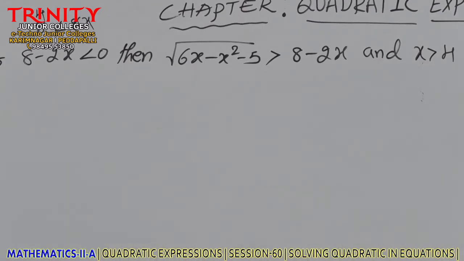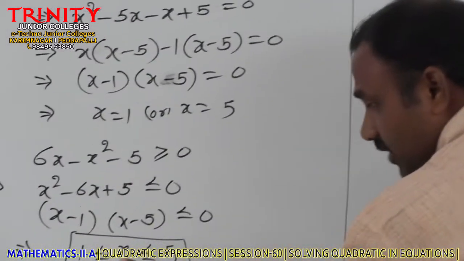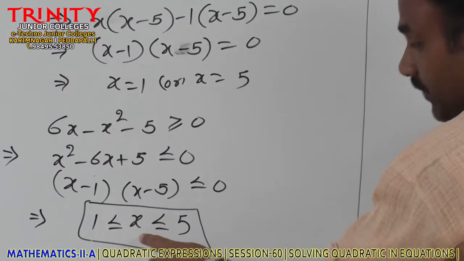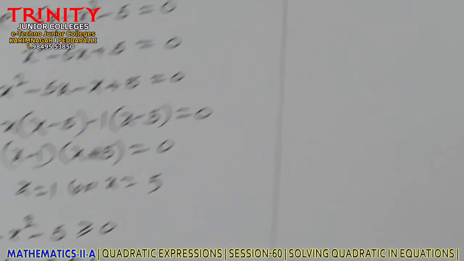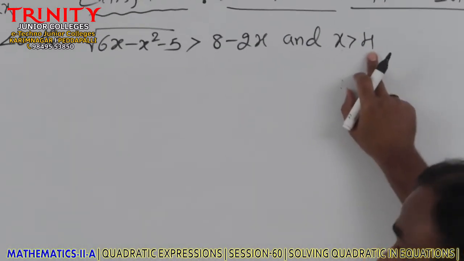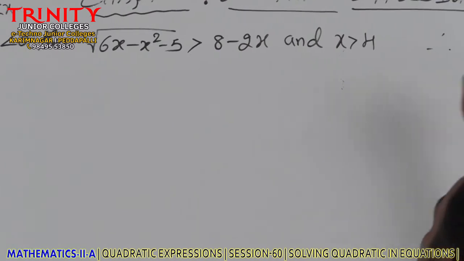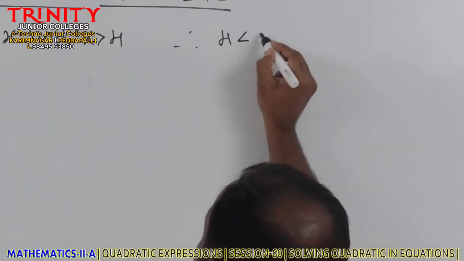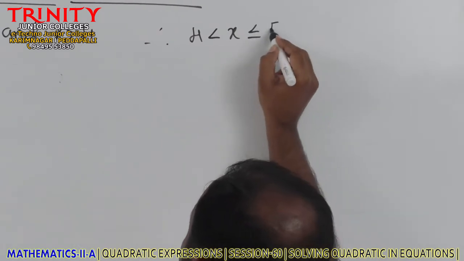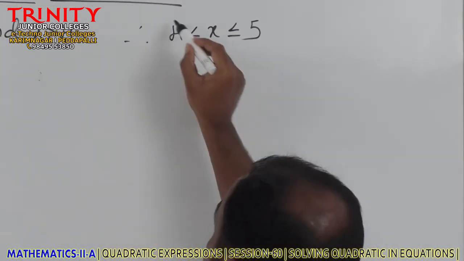Here we have 1 ≤ x ≤ 5, but here x will take the values greater than 4 only. Therefore, we can say that 4 < x ≤ 5.